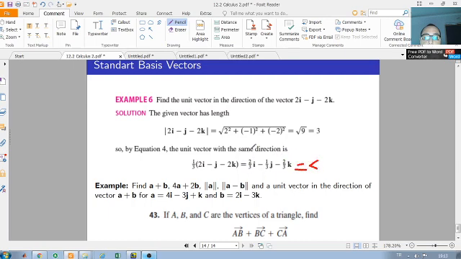If you compute the length of this vector, you will obtain 1. Therefore, this is the unit vector in the direction of this vector: (2/3, minus 1/3, minus 2/3).